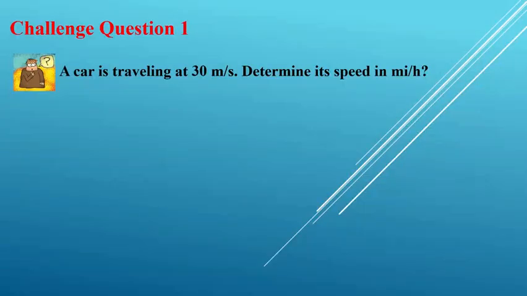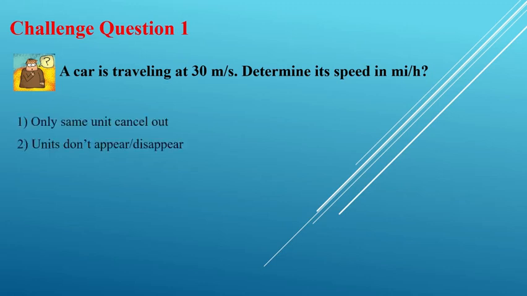Okay, let me remind you of 2 rules that I made up in the previous video to help you solve these problems better. The first one is only same units cancel out, and the second one is units don't appear or disappear. So what I mean by that, here I have 30 meters per second, right?